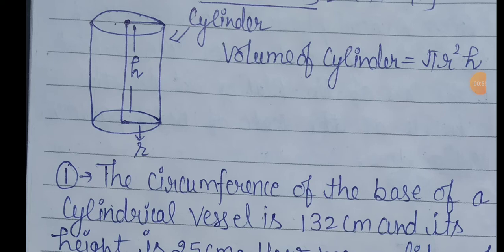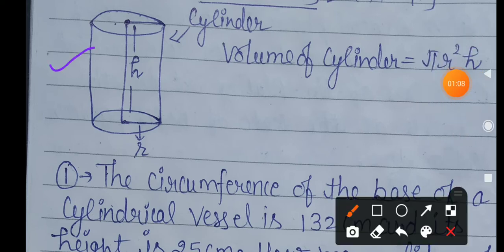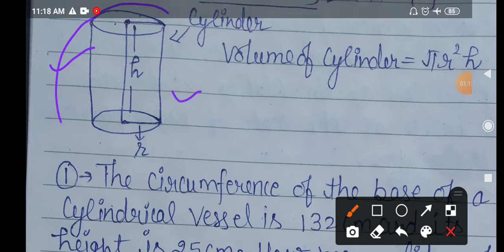Just like that, we explained what the shape of a cylinder is and how many dimensions are in a cylinder. You see here in the figure, the cylinder is in the shape of a pen, so this is a cylindrical form.